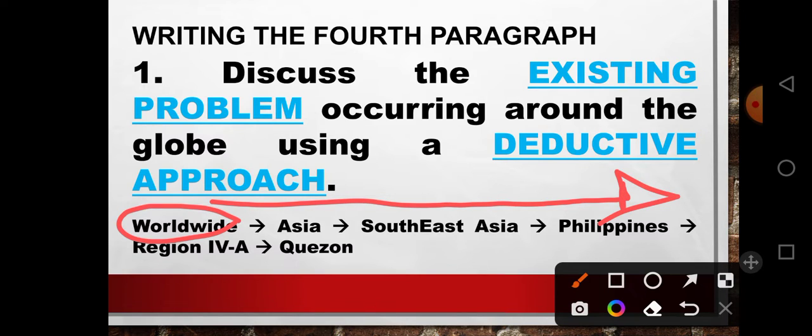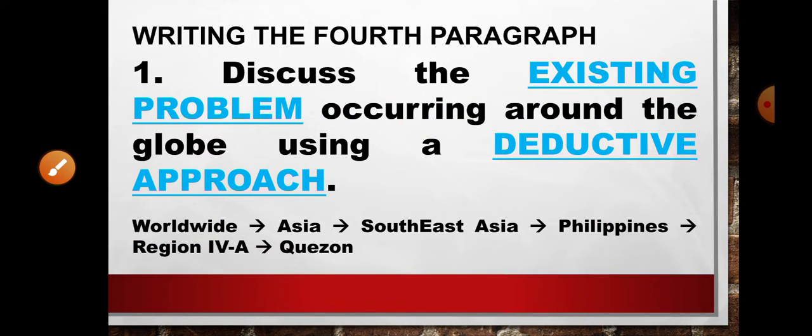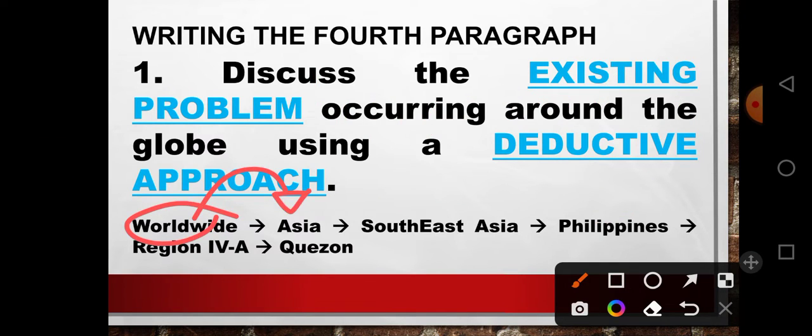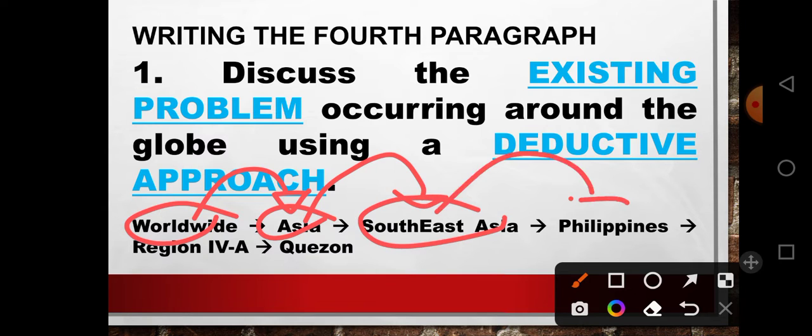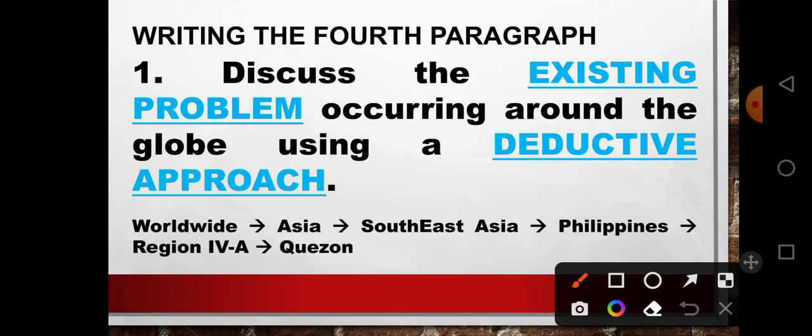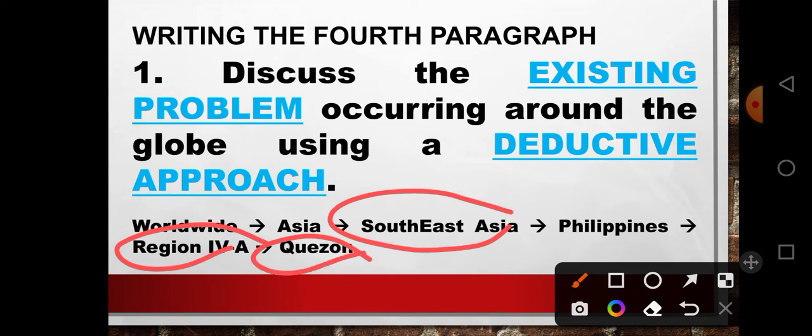This reveals the hierarchy of the existing problem in a detailed manner. And the more specific the hierarchy is, the better. Meaning to say, the more we jump from one area to another, the better. But remember, class, there are times that there is no related literature available for such existing problems occurring in Southeast Asia, Region 4A, or Quezon.